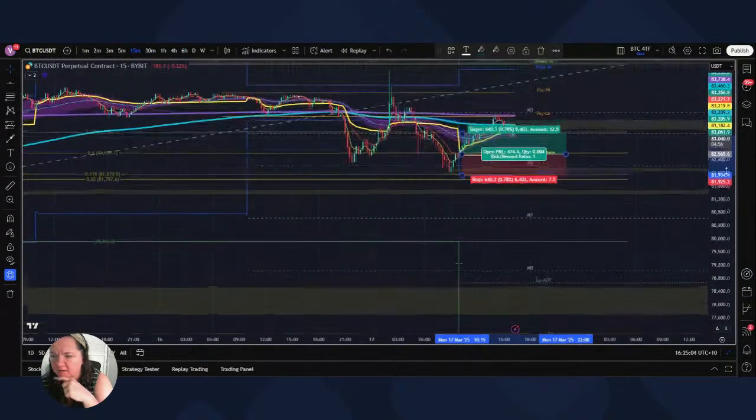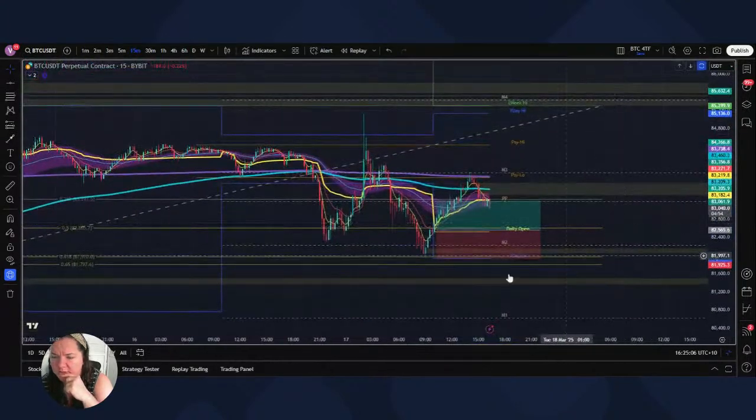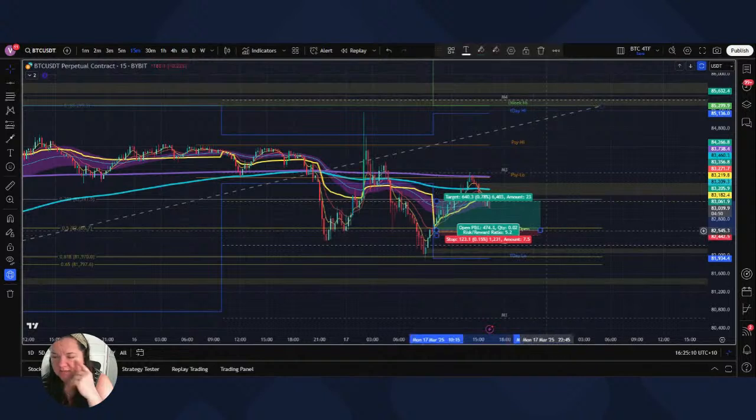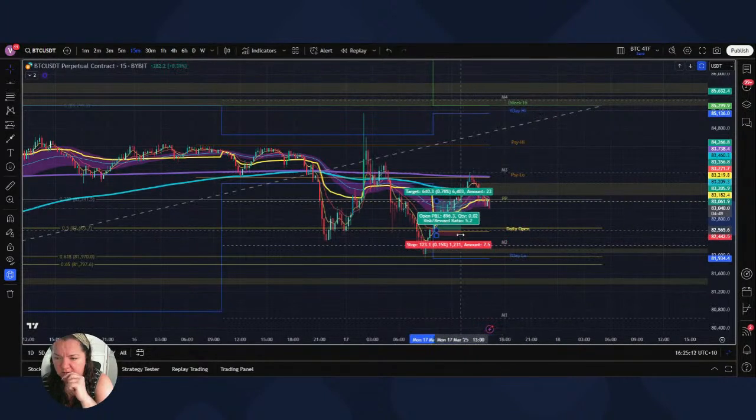So it's pretty much right on Asia Open. Let's have a look. My stop loss is actually at break even, so we'll see how we go.